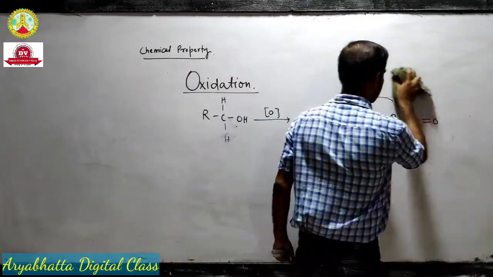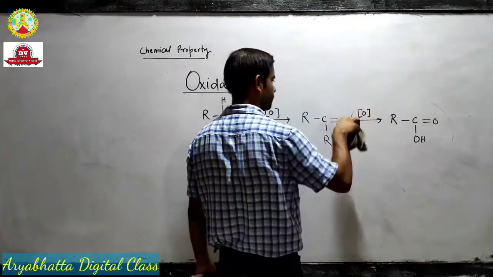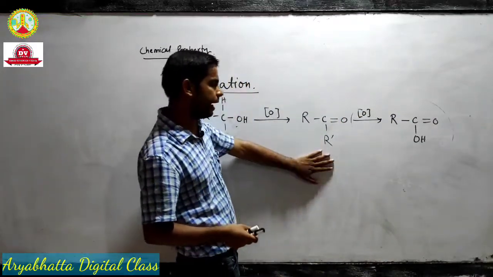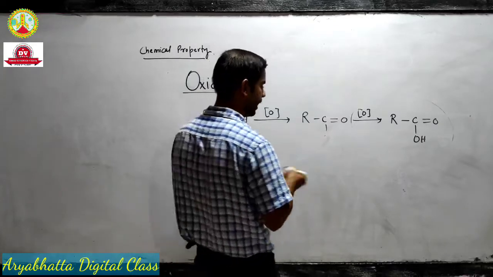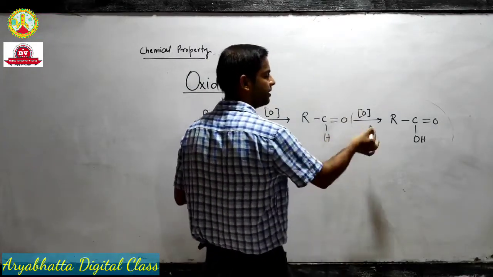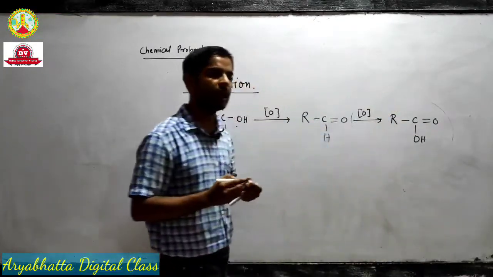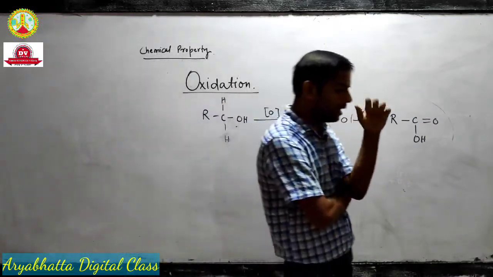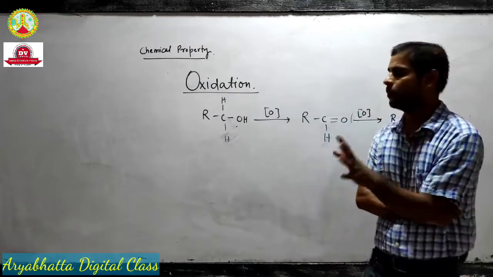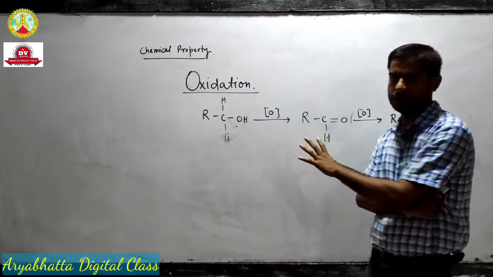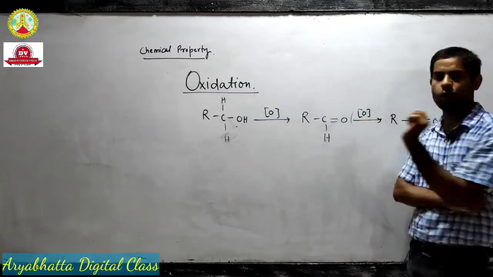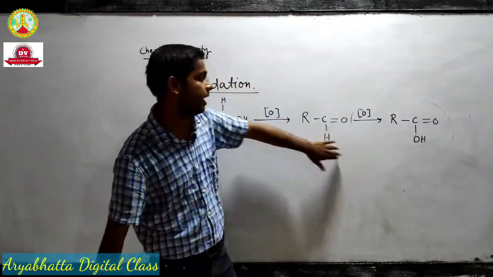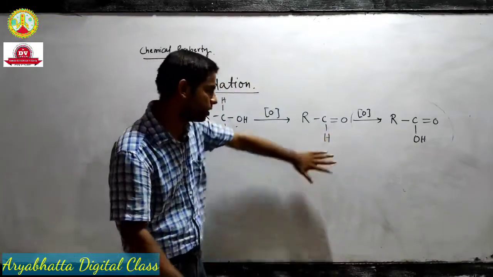So let's see what happens. Alcohol gets converted to aldehyde, and in the next step, aldehyde gets converted to carboxylic acid. But suppose I am carrying out this reaction just to prepare the aldehyde only, not the acid, then we need this product, not that one, so the reaction has to be stopped here.